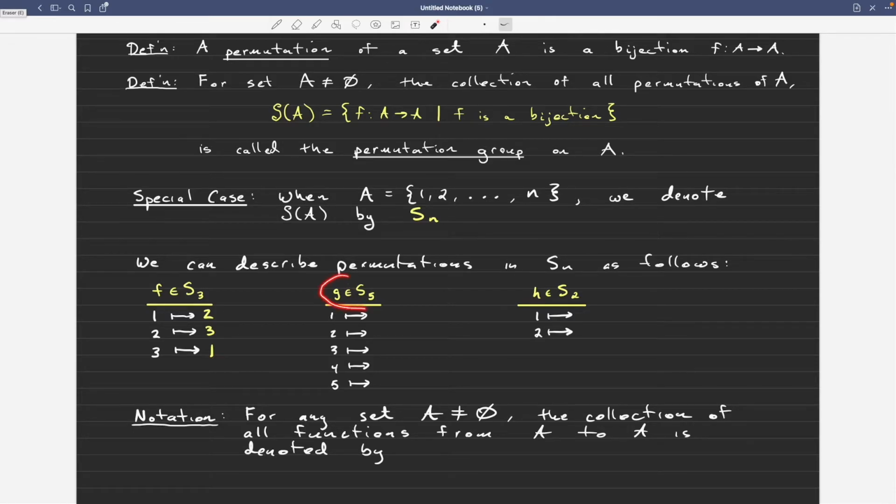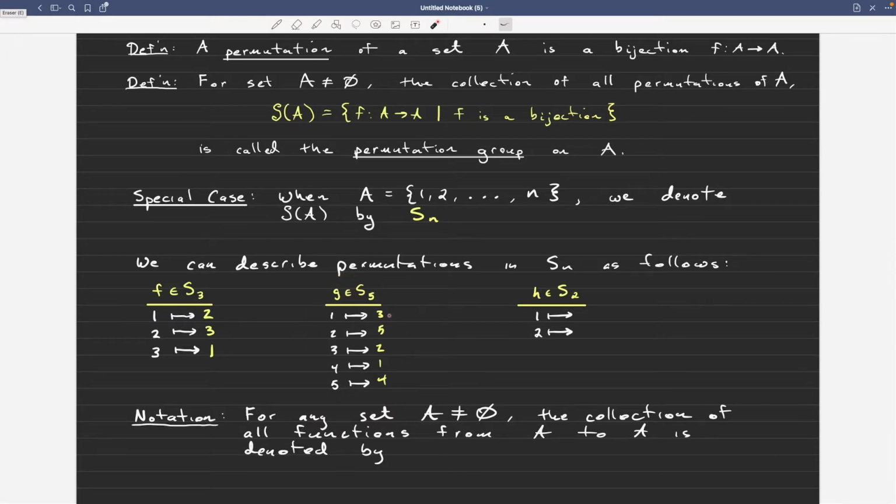Similarly, if I say I want to have a permutation in S5, that means it's a bijection from 1, 2, 3, 4, 5 to 1, 2, 3, 4, 5. So I could do something like 3, 5, 2, 1, 4. This would be an example of a permutation in S5.